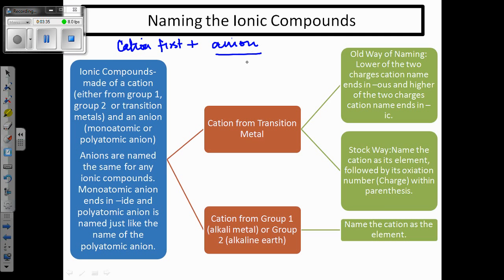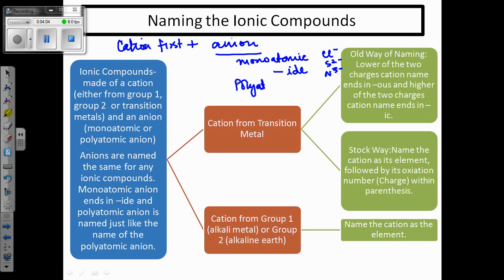To name an anion, if it is monoatomic, such as chloride, sulfide, nitride, you take the element name and end it in "ide", and the charge can be determined by looking at the periodic table: group 17 forms -1, group 16 forms -2, and group 15 forms -3.